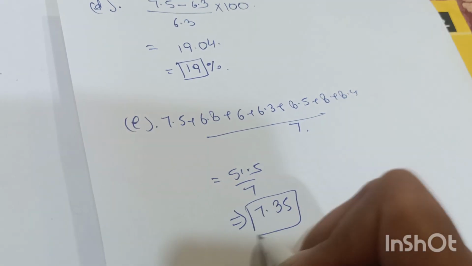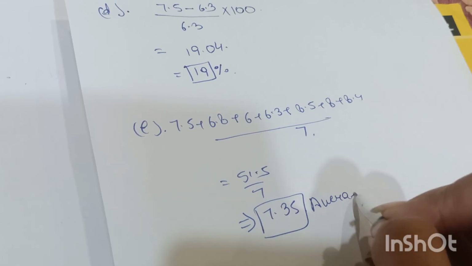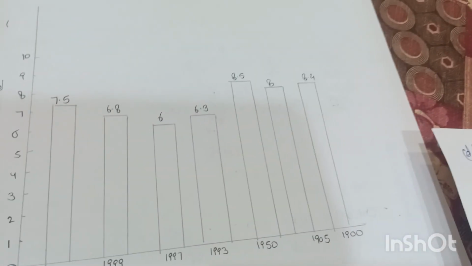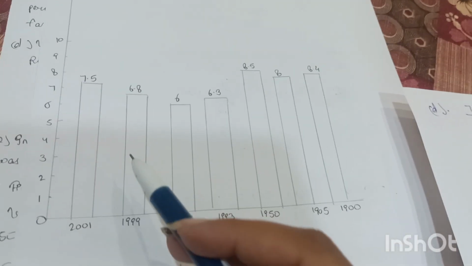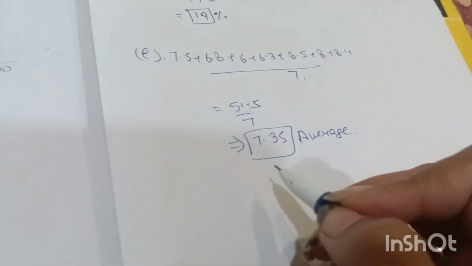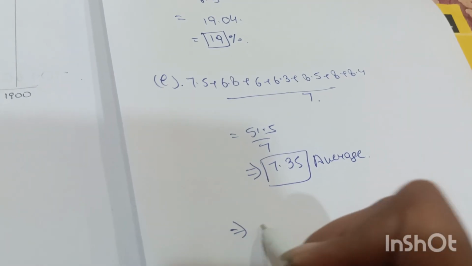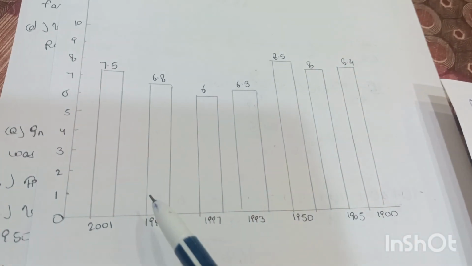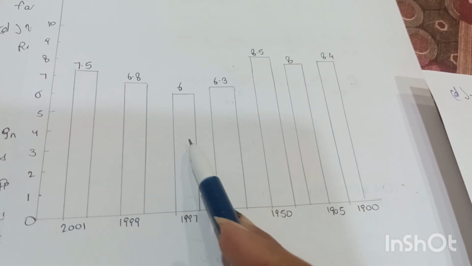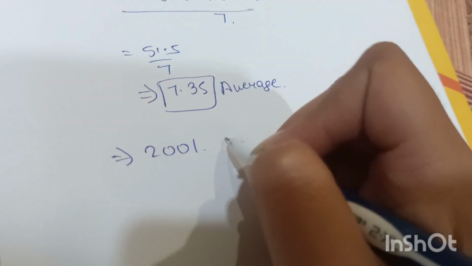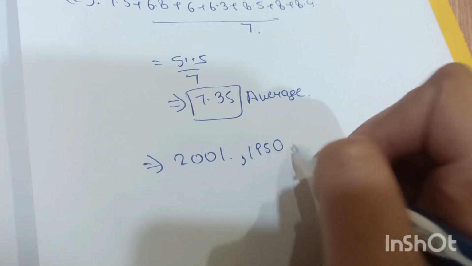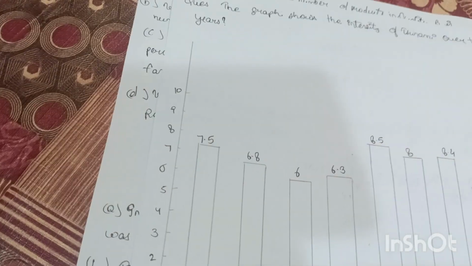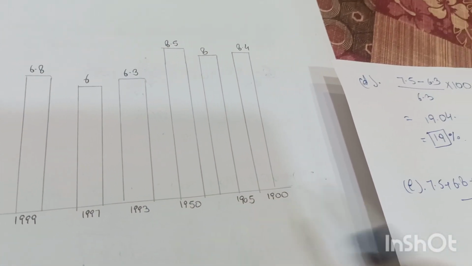This is the average. Now let's see our average. It's of 2001. You can see 2001. Then 1999, it's decreased. This is also not this. Then in 1950, and of it is of 1905 and 1900.